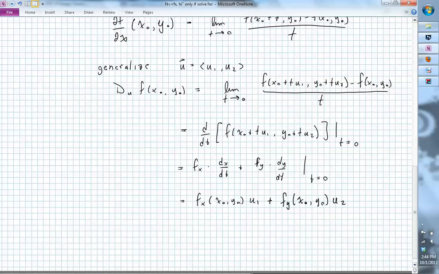And I now have, this funny symbol on the left-hand side is actually the partial of f with respect to x at the point times u1 plus the partial of f with respect to y at the point times u2. And I'm going to write this in a slightly suggestive fashion. I'm going to use the dot product notation.